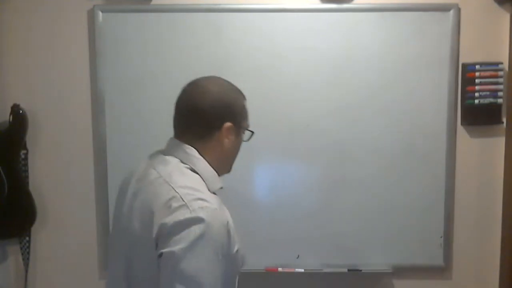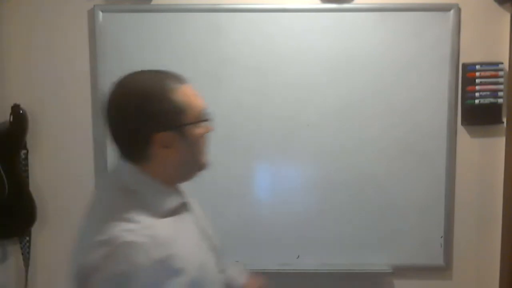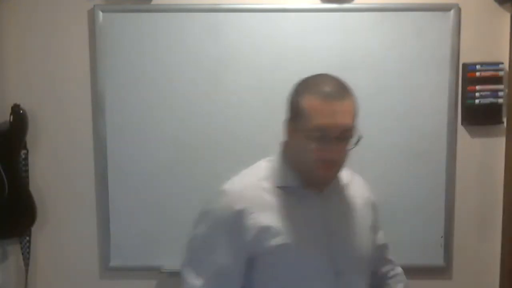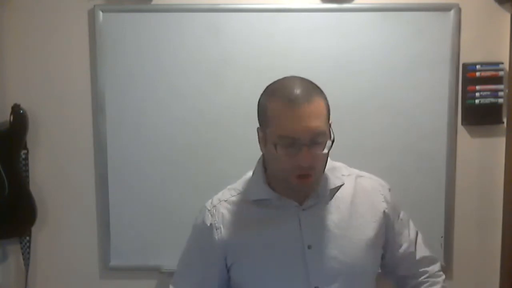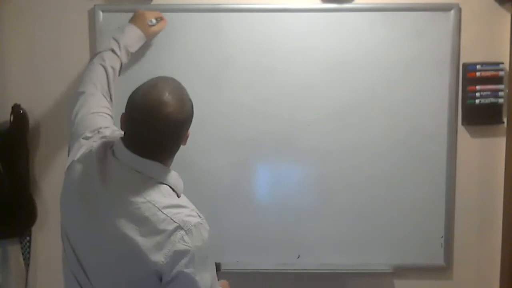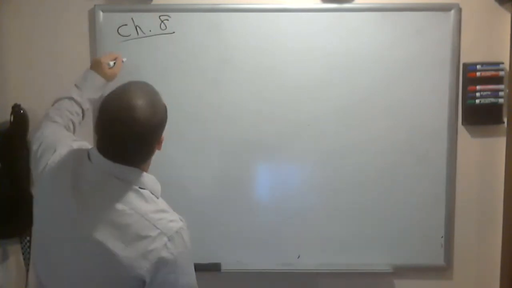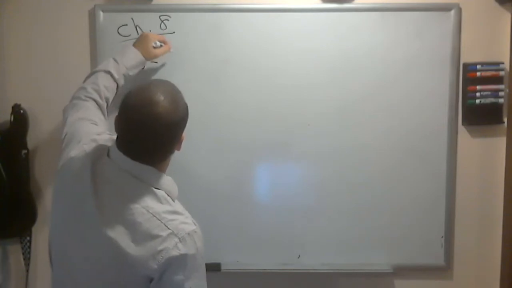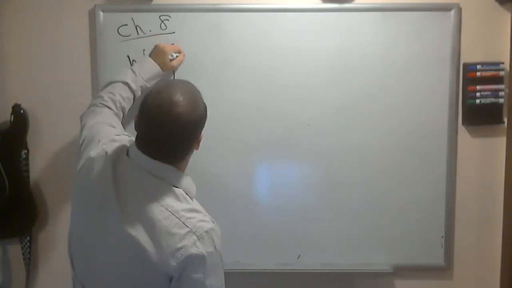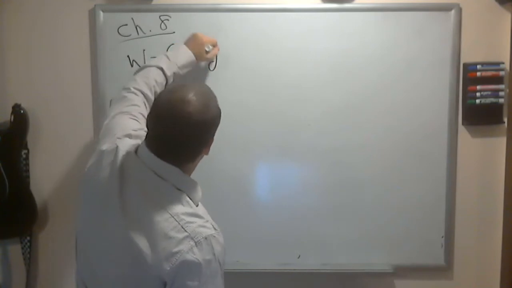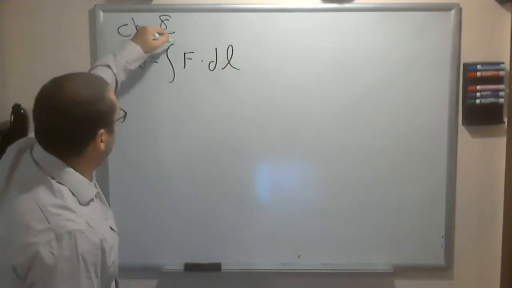Today we'll cover Chapter 8, and that's conservation of energy. So using our idea of work, if you remember from last chapter, work is equal to the line integral of the force dot dl.